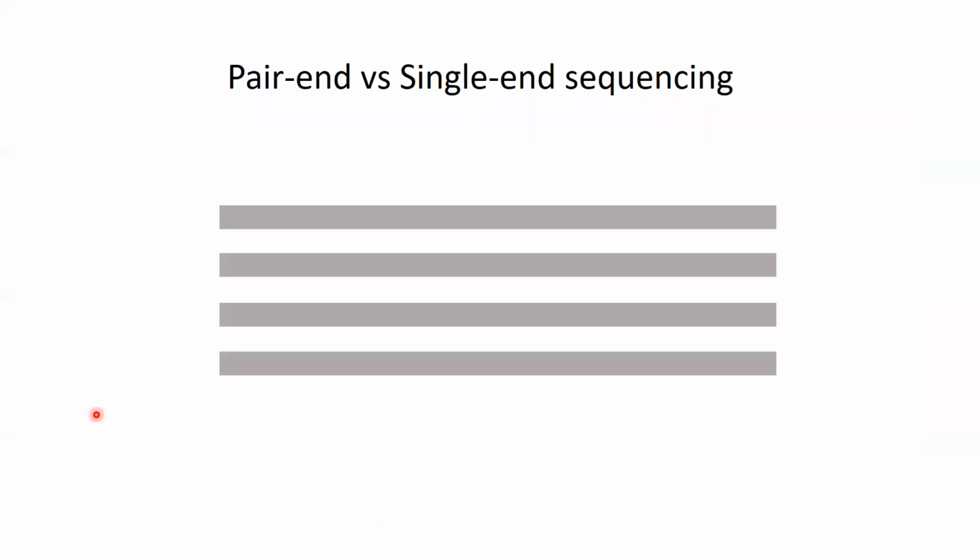So next, I want to introduce the concept of paired versus single-end sequencing, which is a terminology which you will encounter during this workshop. One of the preparation steps before we do our sequencing and before we do our genomic libraries is to fragment our DNA into small pieces. So imagine that these gray bars are the DNA fragments which we want to sequence.